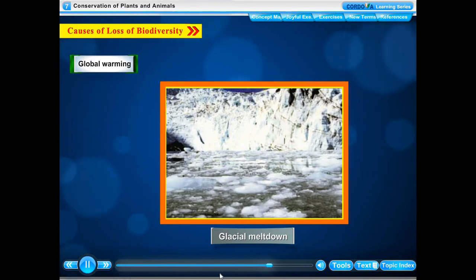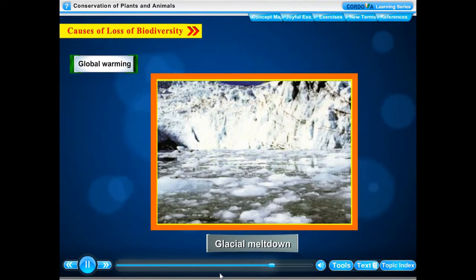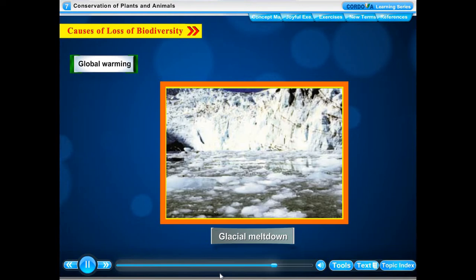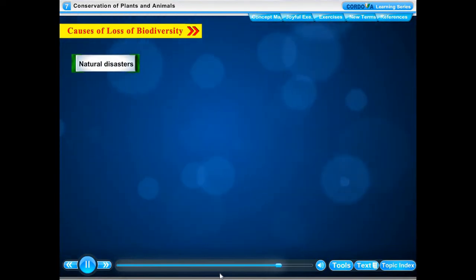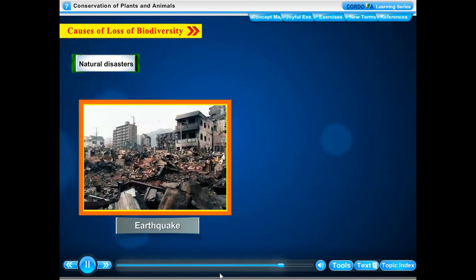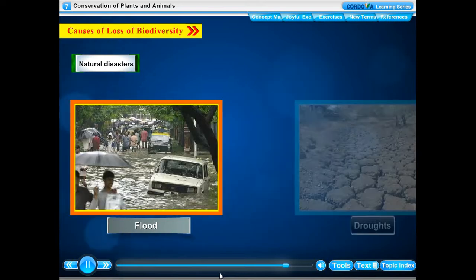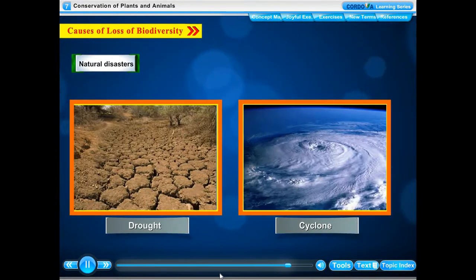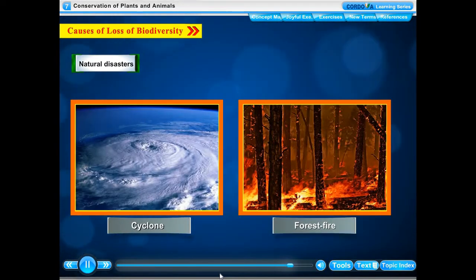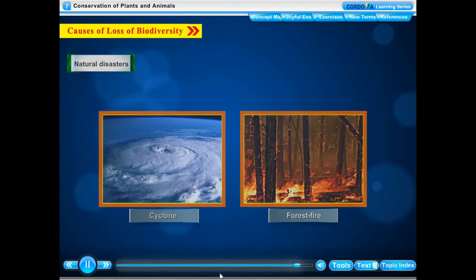Global warming, caused due to natural and human-made reasons, has also forced species to adapt to the changing environment. Natural disasters. Natural disasters such as earthquakes, floods, droughts, cyclones, forest fires have also contributed to the reduction of plant and animal species in many areas.